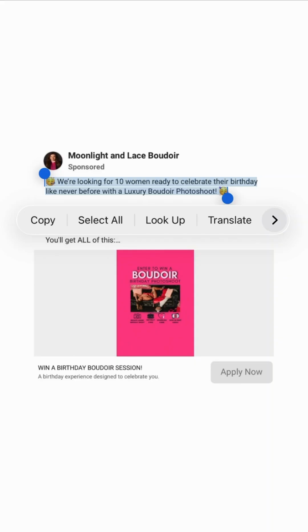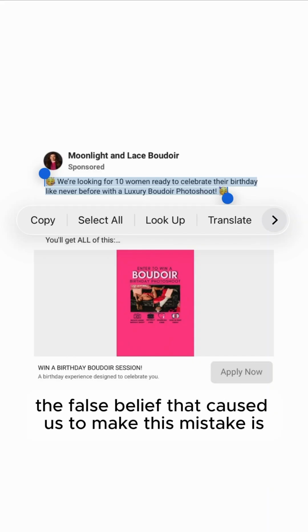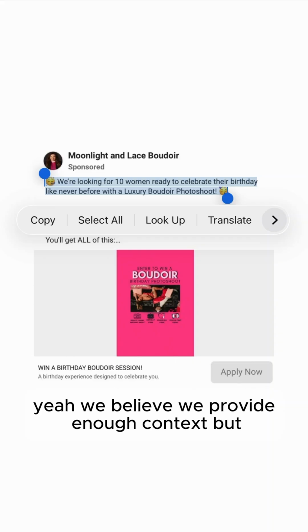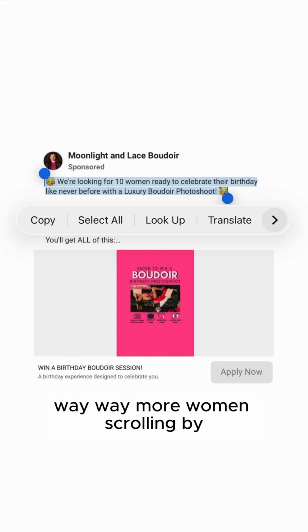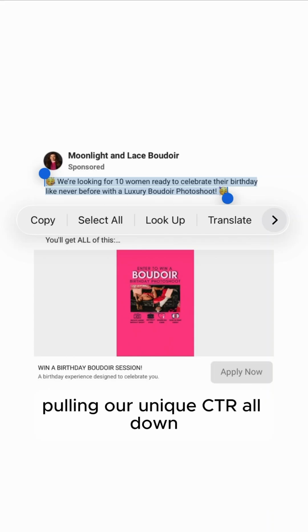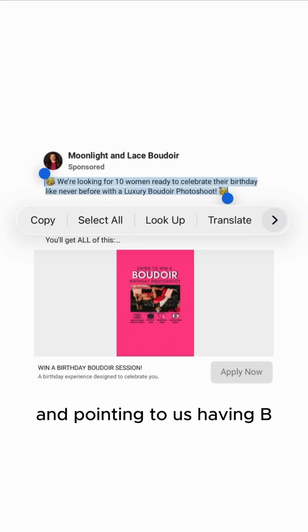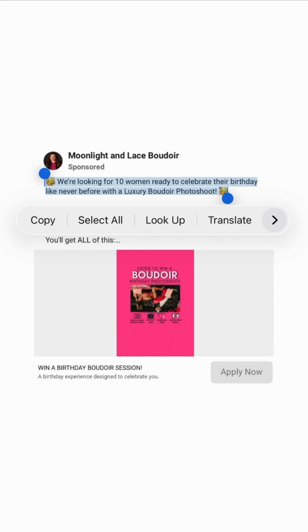The false belief that caused us to make this mistake is, we believe we provide enough context. But the consequence is we have way, way, way more women scrolling by than necessary, way more of the right women, pulling our unique CTR all down and pointing to us having BLCS, aka Boudoir low click syndrome, increasing that probability.